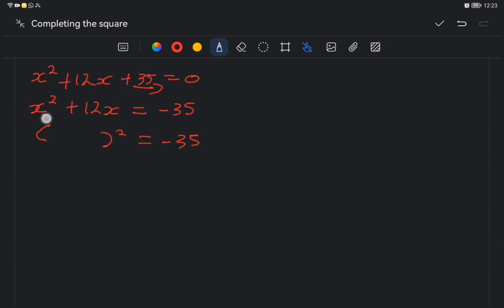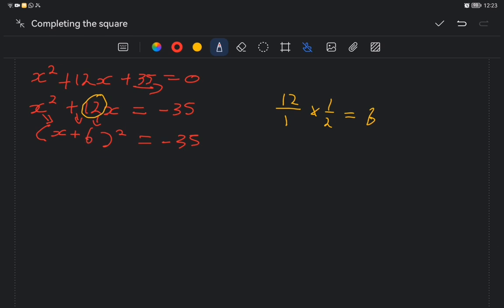Then we drop the x, we drop the sign, and we drop half of the number there. So 12 over 1 multiplied by 1 over 2 is equivalent to 6. And then we have 6 there.